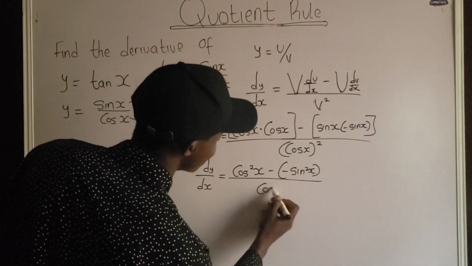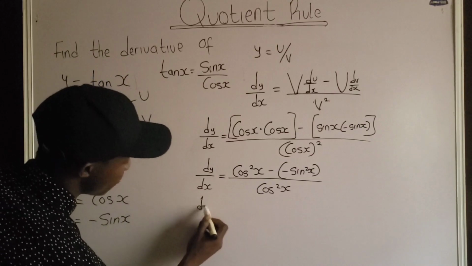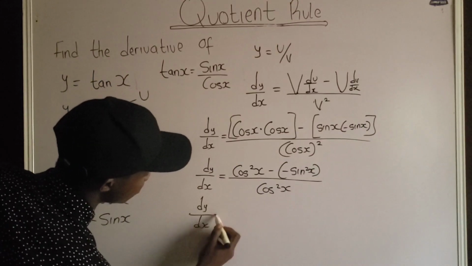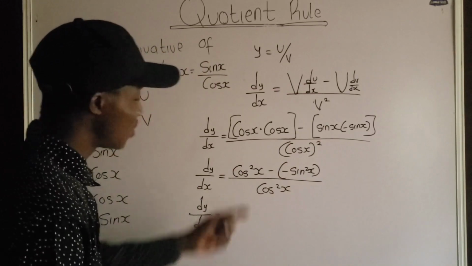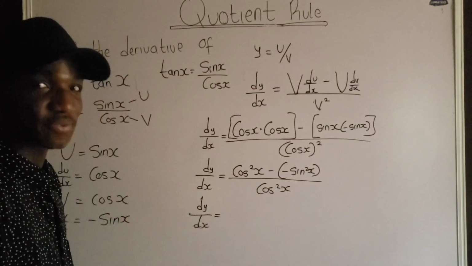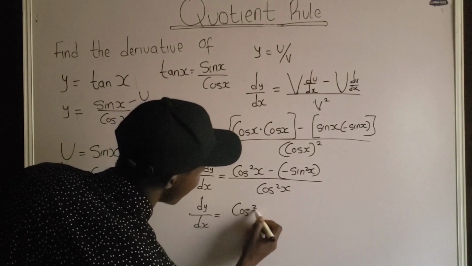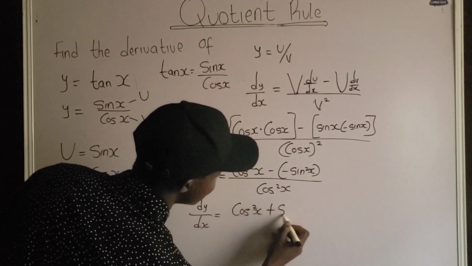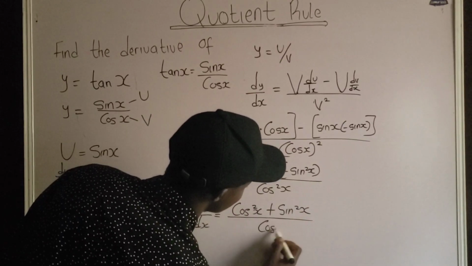So dy over dx is equal to cos square x minus minus sine square x. Don't forget that negative times negative is positive. So I'm going to have cos square x plus sine square x all over cos square x.